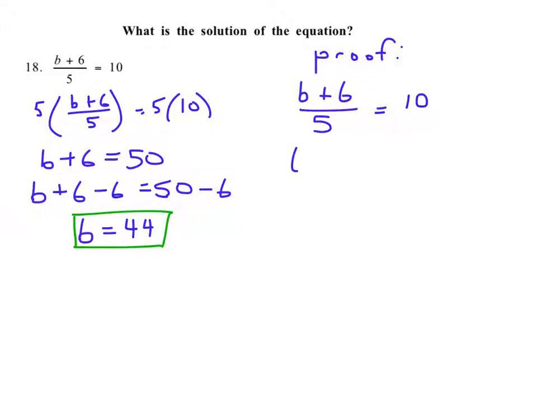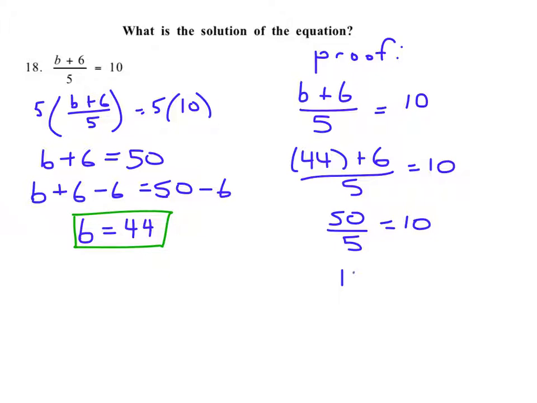Okay, now we put parentheses where the b is, and we put 44 in there. That's what we're substituting. Plus 6 over 5 equals 10. 44 plus 6 is 50. So we get 50 over 5 equals 10. 50 divided by 5 is 10, equals 10.